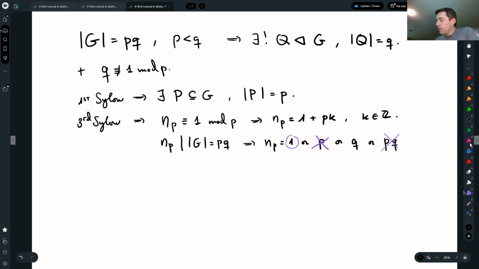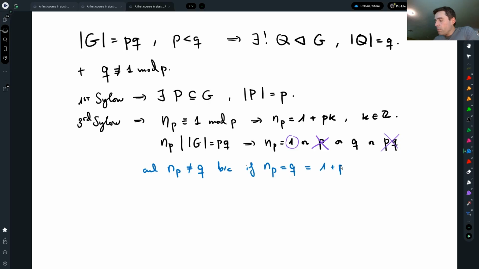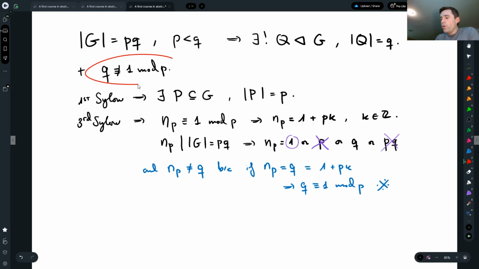And the other possibility is, can it be Q? NP is not Q, because if NP was exactly Q, then Q would be 1 plus PK, and that would imply that Q is congruent to 1 modulo P. But that is a contradiction because we have assumed that Q is not 1 modulo P, so it cannot be Q either.